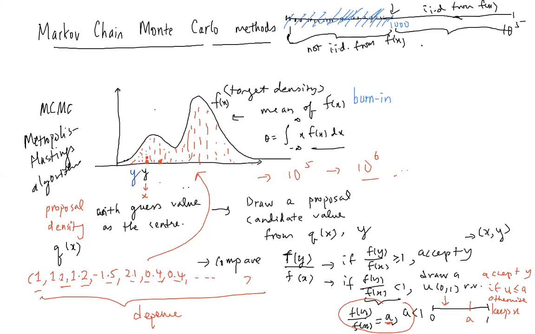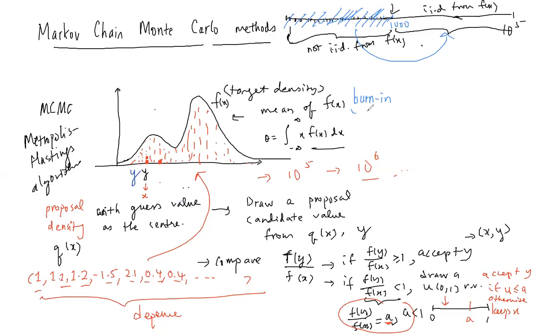You throw that away because these are not IID. So if you mix them together, it will disturb the properties of the simulated distribution, right? So taking into account that the sequence of values generated at the beginning are not IID, we will discard maybe the first 1,000, 2,000 or whatever, okay, and then only use the remainder to construct the simulated target density, right?